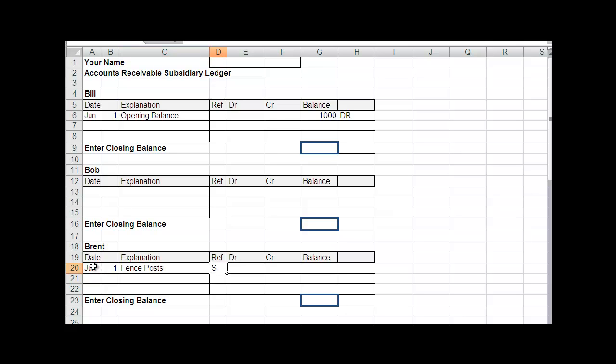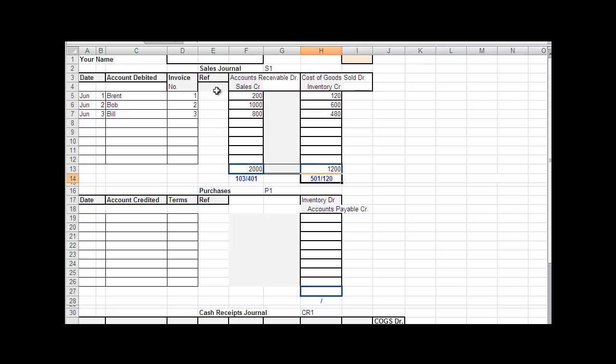Reference is S1. It is a debit of $200, and therefore the balance is $200 debit as he had no opening balance. Then we go back to the special journal and we put a T in here to indicate that we've posted this to the subsidiary ledger. Once upon a time that would have been a tick.